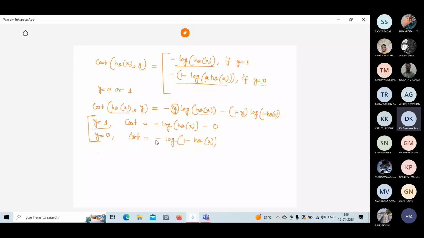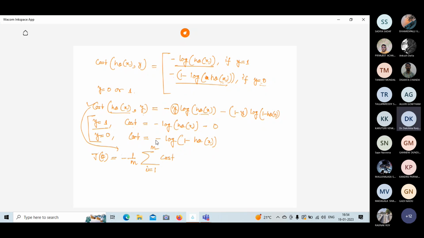Now we can get the cost function. After having the cost of h theta x comma y, we fit this value into the cost function, which is 1 upon m, summation i equals 1 to m. Here i varies from 1 to m for m number of training examples.